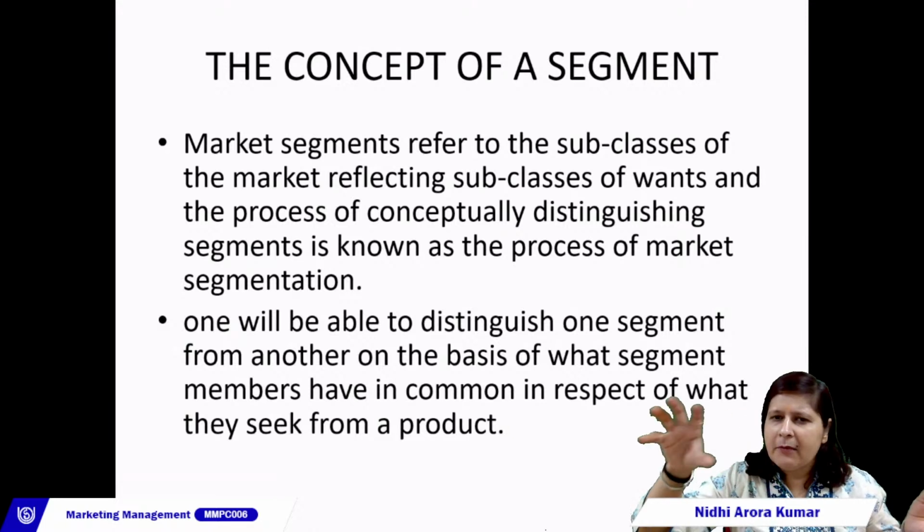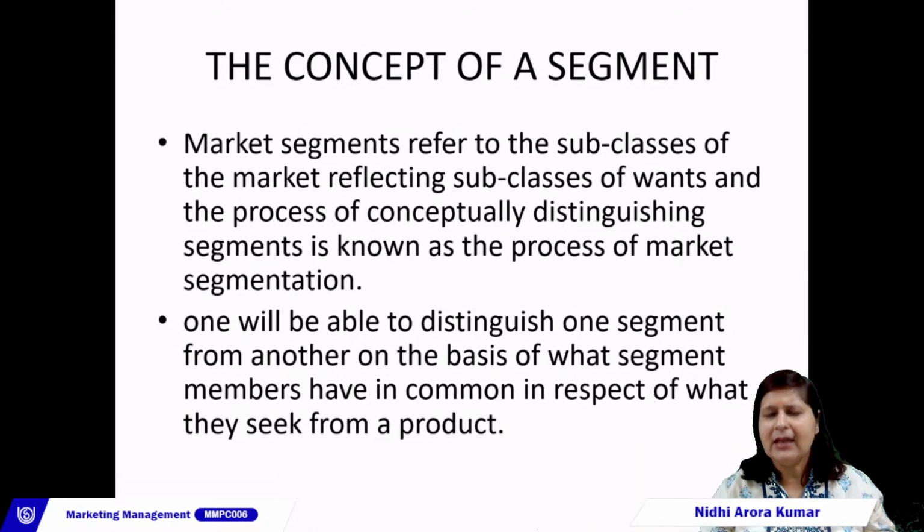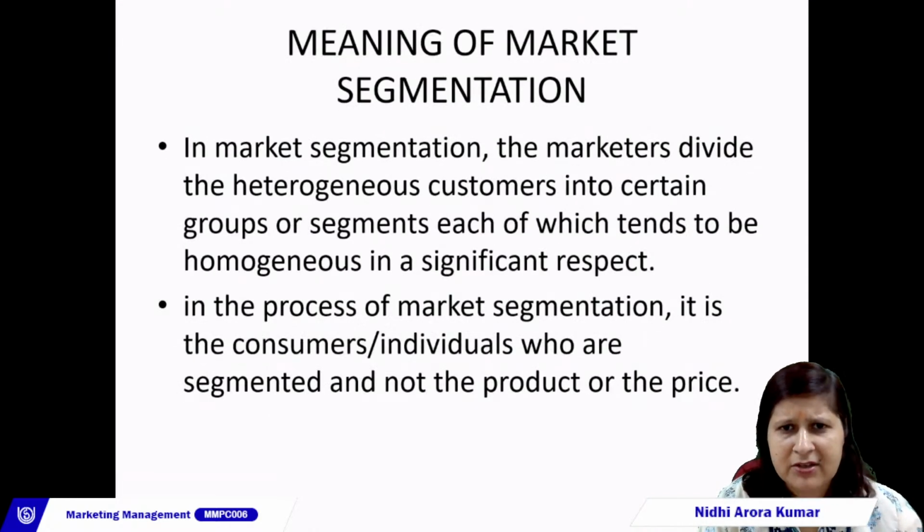When we divide the market into submarkets or subclasses, that is known as segmentation, that is, division of the market on the basis of certain factors. There are various factors on the basis of which we can divide the market, right?